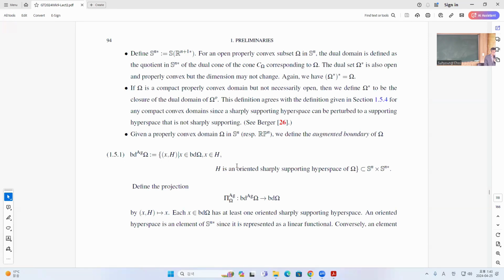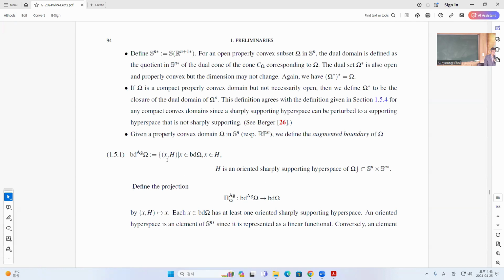And then here we can do the augmented boundary, which is the set of pairs xh, where x is in the boundary of omega and h is an oriented sharply supporting hyperplane.